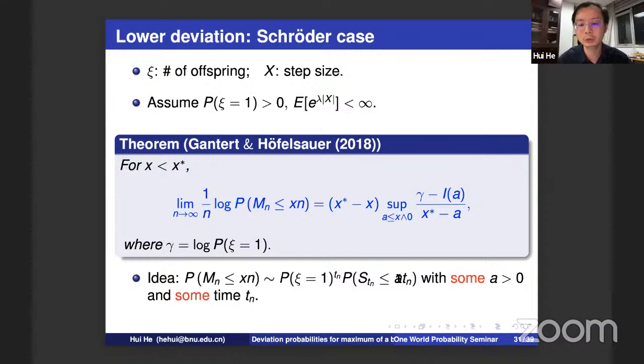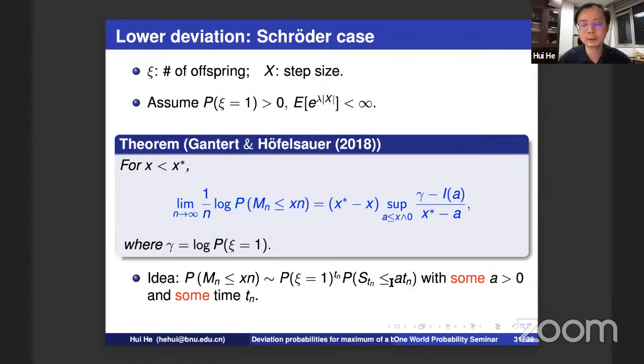Here we also need to choose a suitable A. Then this probability will behave like this one. That is, you only have one child before the intermediate time T_n, and at time T_n the position of this individual is less than A times T_n.